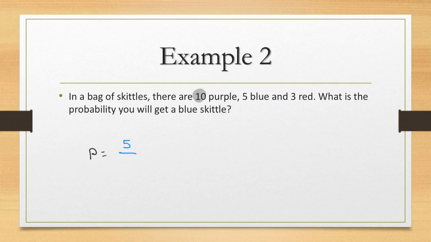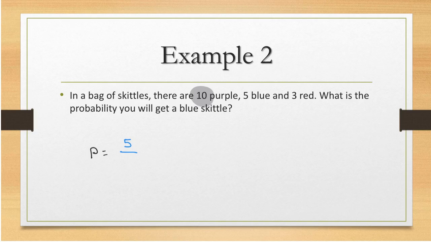So we could get one of these 10 purple, one of these 5 blue, or one of these 3 reds. So there's a total of 18 possible outcomes. Okay, so that's actually as simple as our fraction gets, 5 over 18. So that's one way that we could write that.